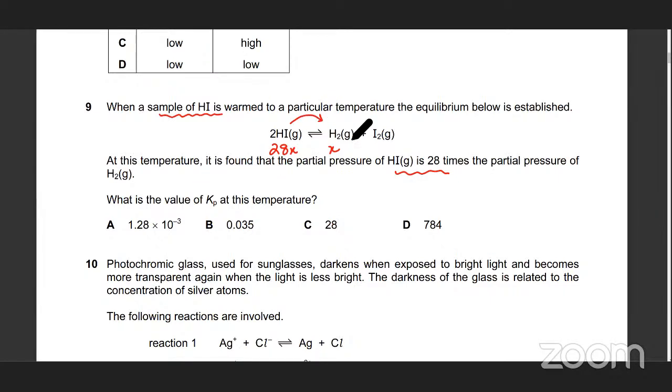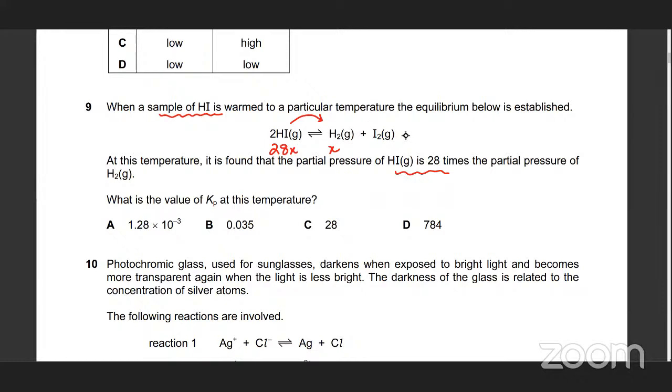HI reacted, ended up forming H2 and I2. So if any random moles formed, say if 10 moles of H2 formed, then I2 moles would be exactly the same because it's 1:1, because initially he did not add any H2 or I2. He just took a sample of HI and that eventually decomposed. So the moles of H2 and I2 would be exactly the same.